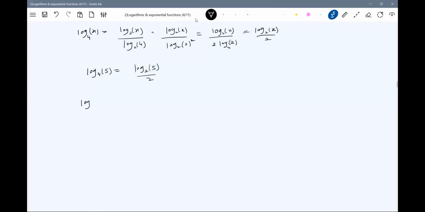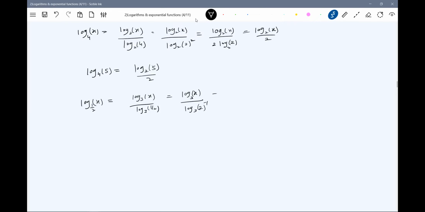Let's take a few more examples. Log of x to the power of 1 by 2. So this can be written as, further, log x to the base 3. This will become log 3 to the power of -1.